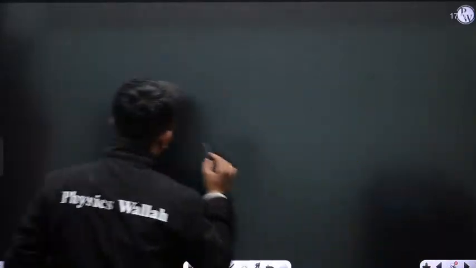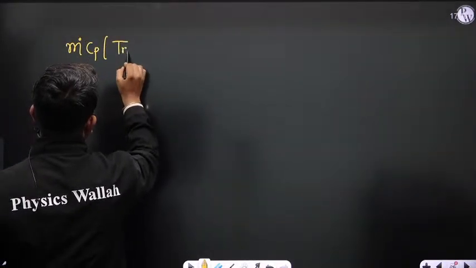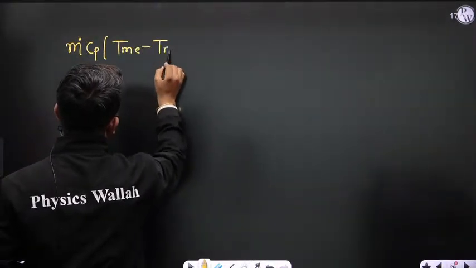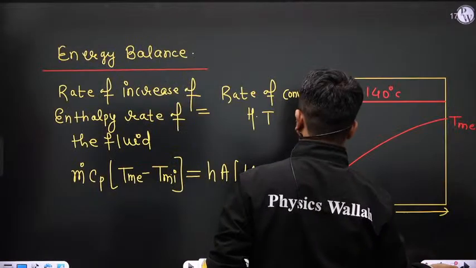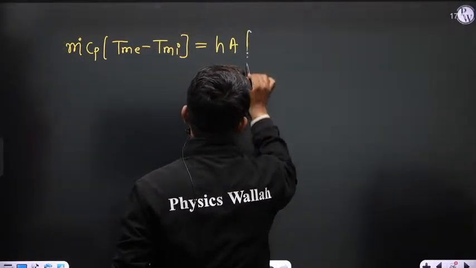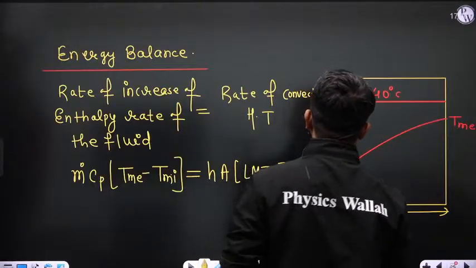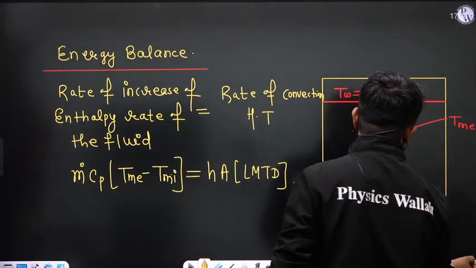So this is the m dot Cp, into TME minus TMI, and this is equal to H into A into the LMTD. And what is the LMTD? Theta 1 minus theta 2. So what is theta 1? 140 minus 40, this is 100.